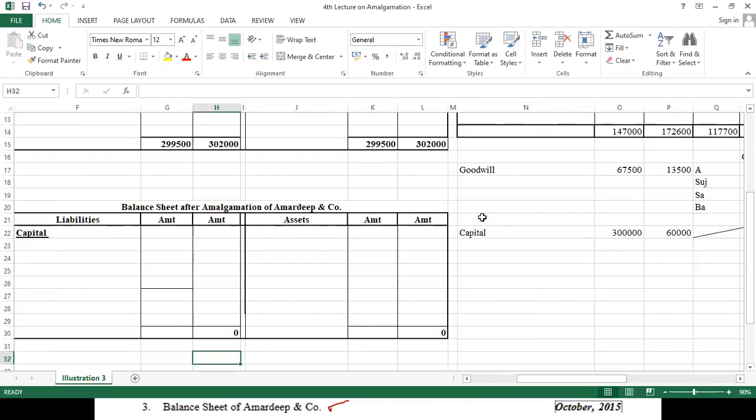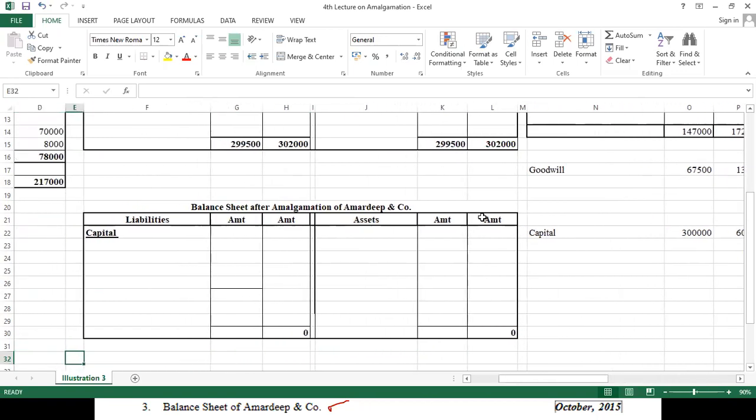in a balance sheet we have to write down first of all capital account, ठीक है। अब कैपिटल, अच्छा यहाँ तक सब क्लियर है ना, कोई परेशानी नहीं ना?